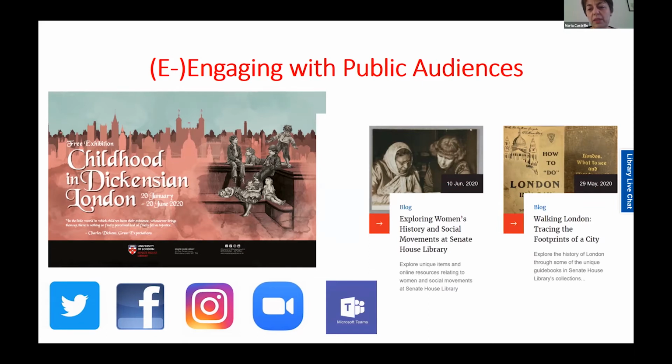And we also stepped up the number of blogs as a route into the collection, but also as a way to engage public audiences at a time when people were feeling quite isolated and in a very unusual situation. Obviously, we use all our social media channels to engage with different campaigns, different initiatives which were happening during those months. And more recently, my colleagues in the Modern Collections team have been experimenting with online inductions, which for us is something quite important at the beginning of the academic year.